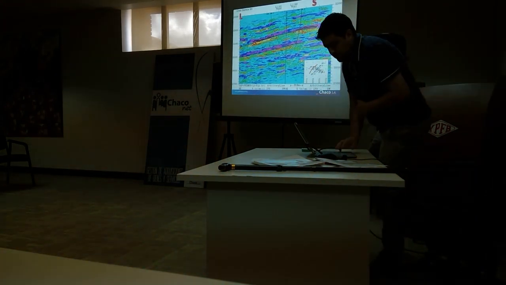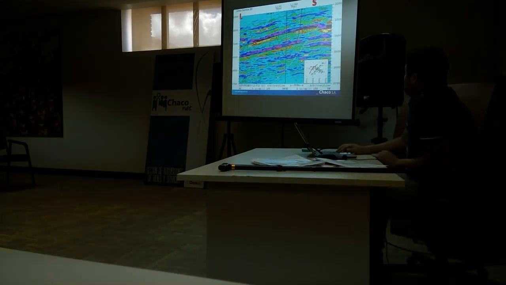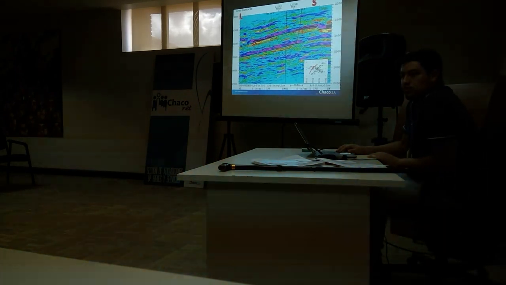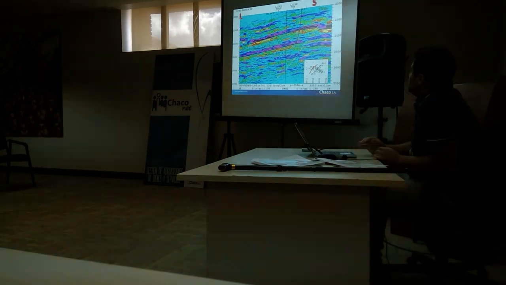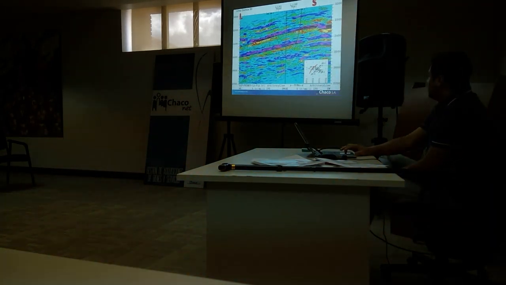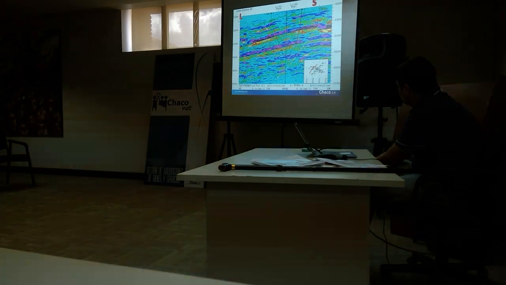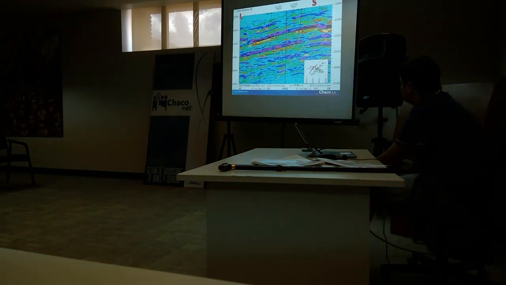While you've got that up there, let me make a point that these are pretty subtle features that we're looking at. If you look closely, you can see that you've got a steep side and a shallow side, but it doesn't really hit you really hard. It's subtle, and again, it goes back to the idea of pattern recognition.